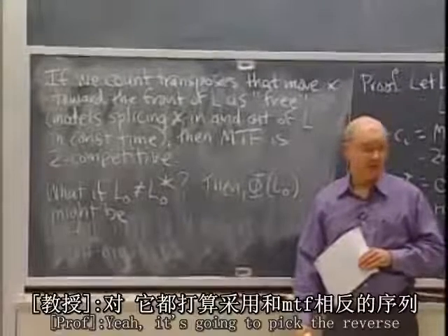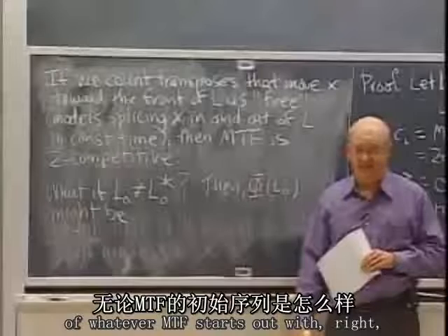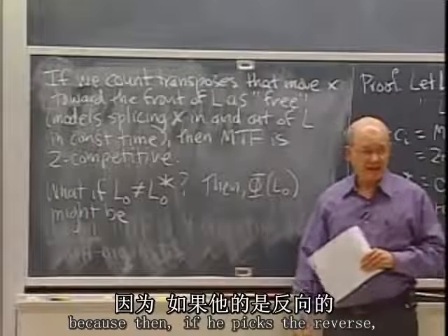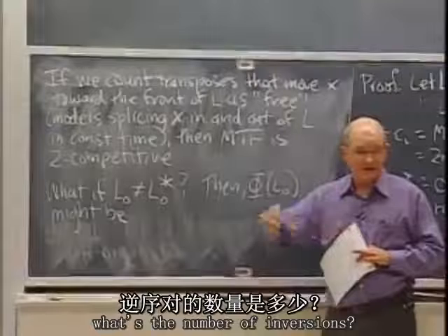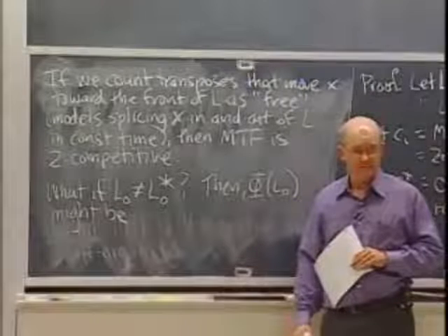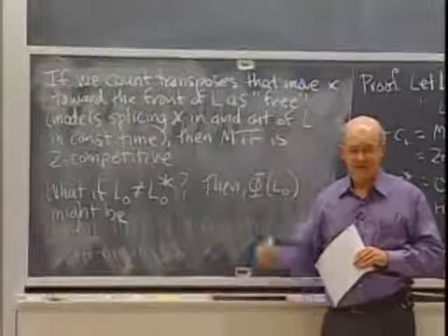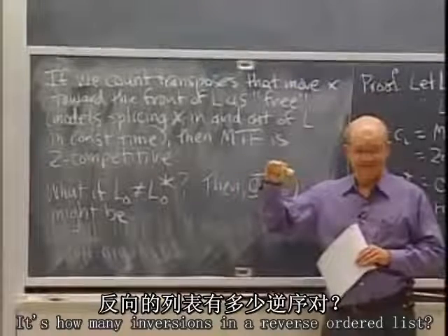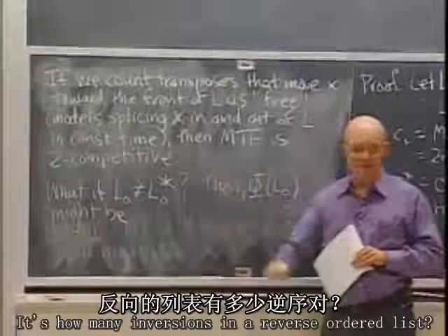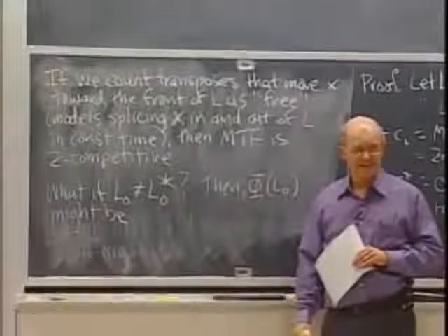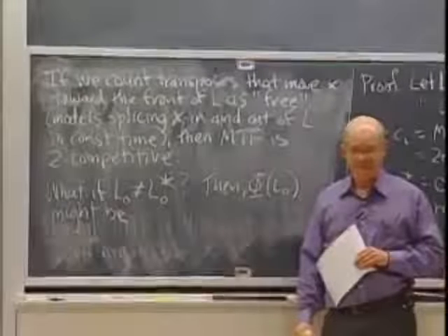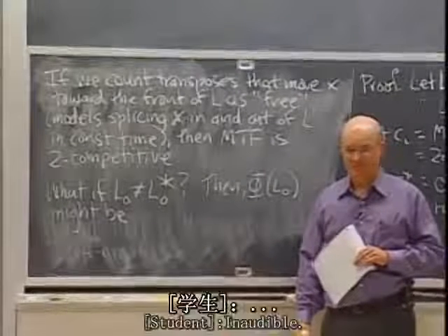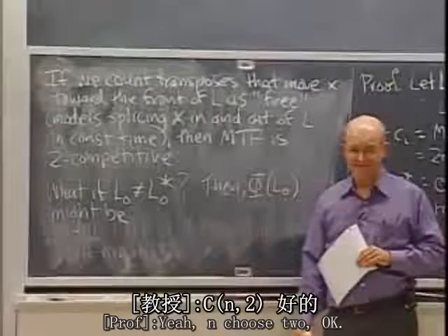Yeah, he's going to pick the reverse of whatever MTF starts out with, right? And if he picks the reverse, what's the number of inversions? How many inversions in a reverse ordered list? Yeah, n choose 2.